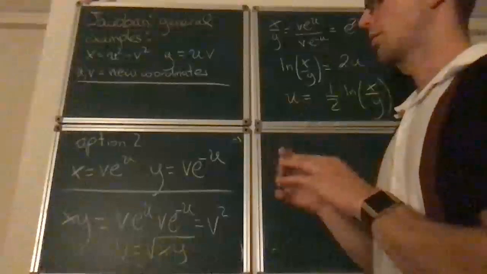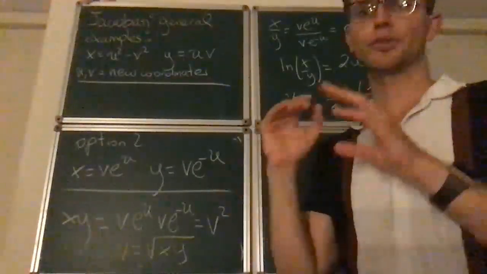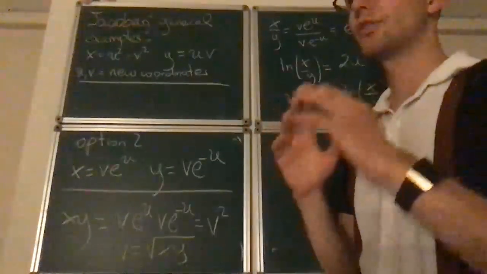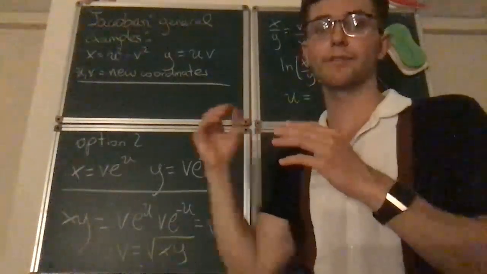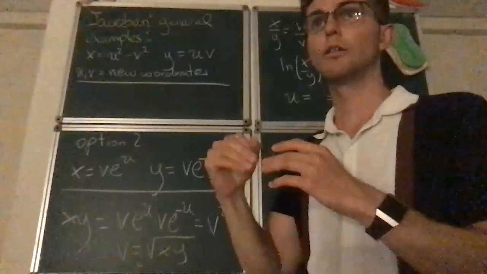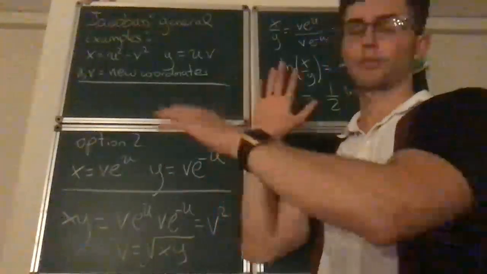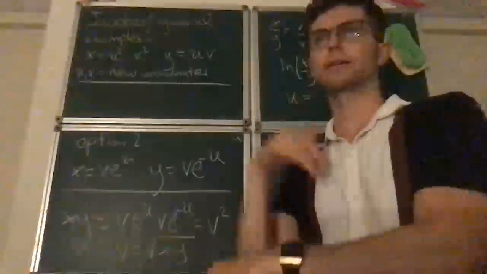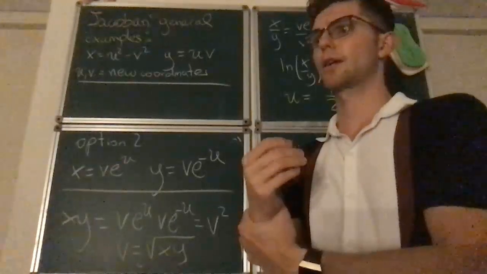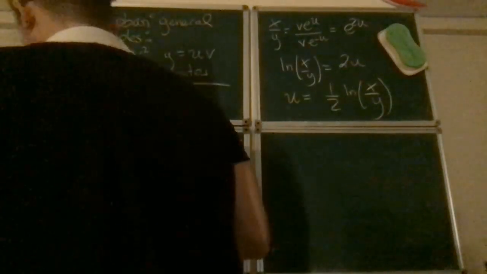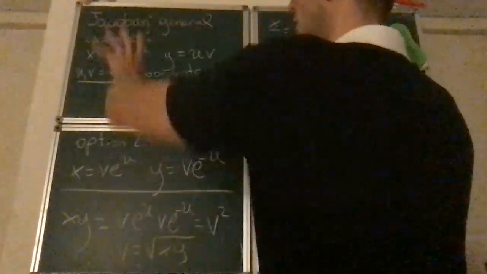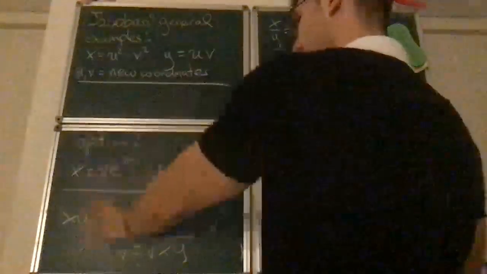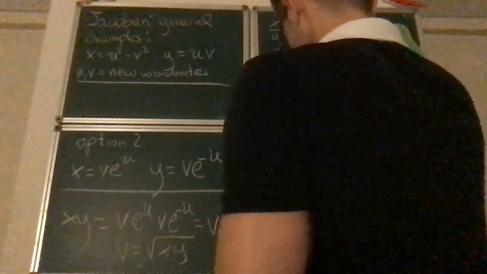And so what I'm about to do is just show you a couple of animations so that you see how the curves of constant u and v look when you try to draw them on the xy plane. This is the analog of trying to draw the curves of constant r and theta in the case of polar coordinates. So for example, this was one possibility, this was another possibility.